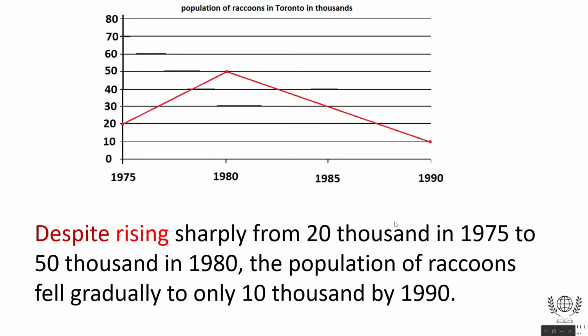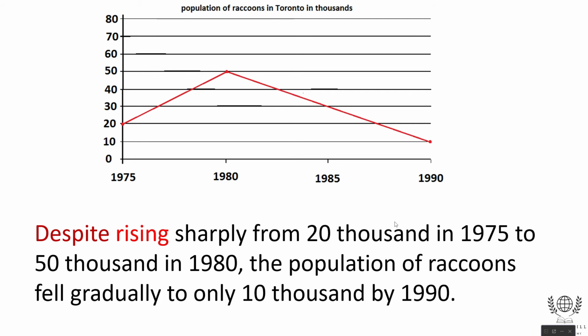Although rising sharply from 20,000 1975 to 50,000 1980, right? So we're using despite with gerund, rising, despite falling, right? It's very important to remember that when we use a subordination with a gerund, there is actually a missing subject. So we read the sentence, despite rising sharply from 20,000 1975 to 50,000 1980, there is actually no subject.